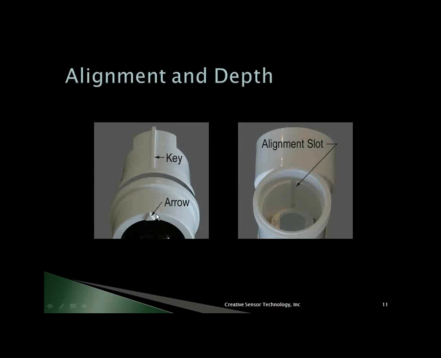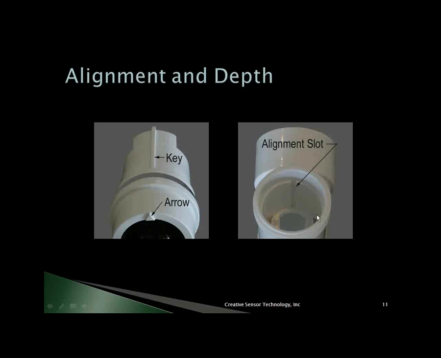Now, some of the questions that come up sometimes are about alignment and about the depth of things, particularly with some of the insert types of sensors. We've tried to take care of these variables by putting a key on the insert assembly that lines up with a little direction arrow that we mold into the top, and we have an alignment slot in the T or in the housing of the saddle sensor, which means that this thing basically only goes in one way.